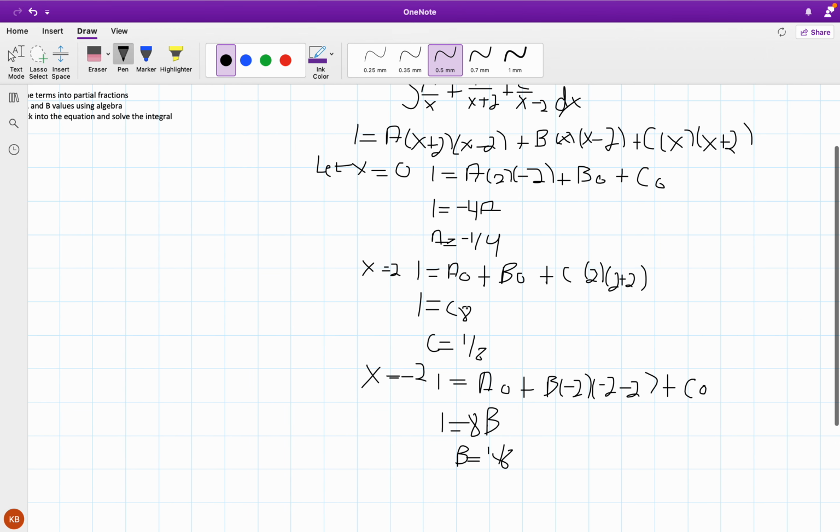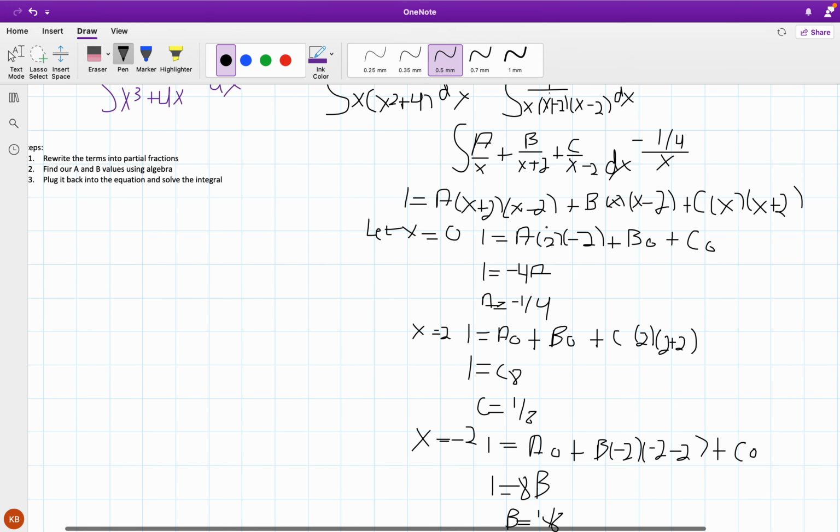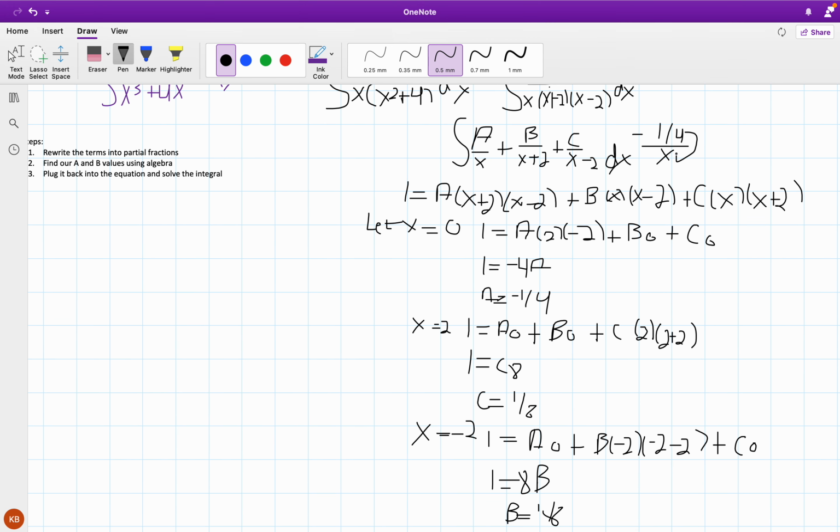So now we're going to plug these values into the equation. It would be negative 1/4 over x, and we just take the fraction and put it at the bottom.